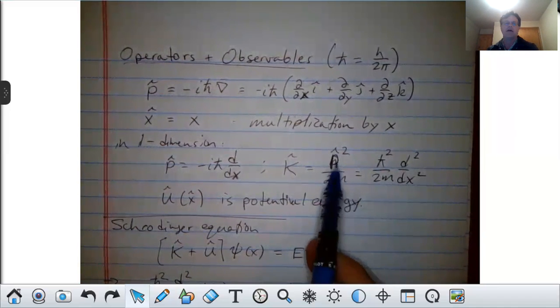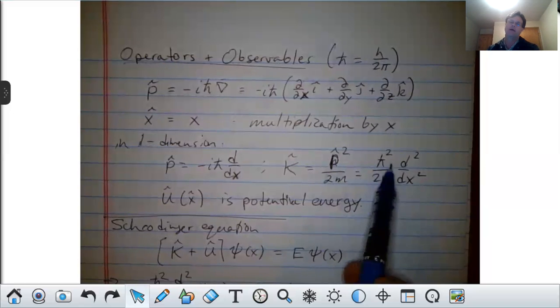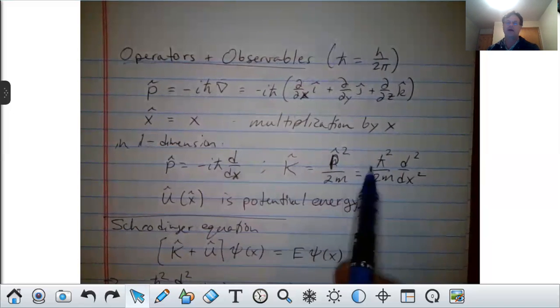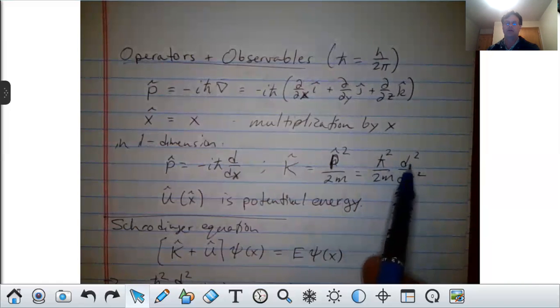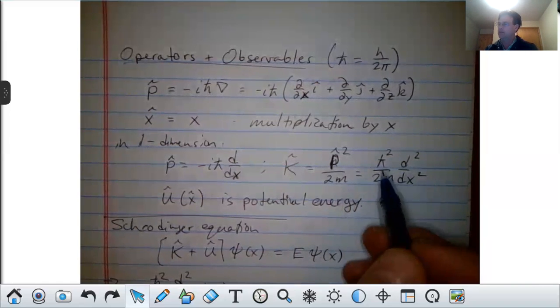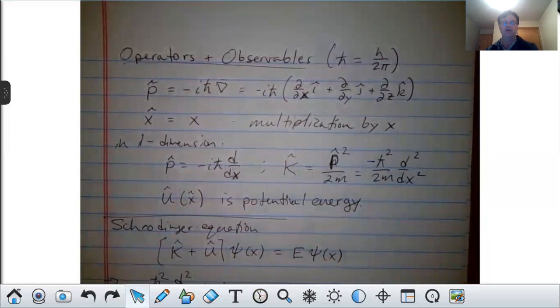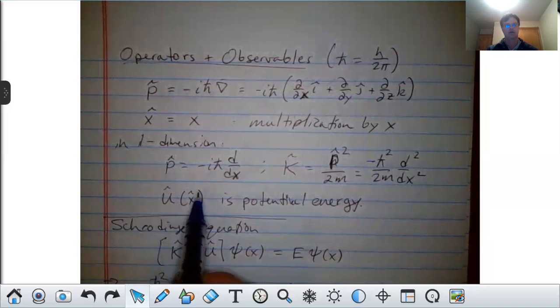And I can then write down a kinetic energy operator too. p hat squared over 2m. Plugging in this for p hat, I get h bar squared over 2m d squared dx squared. Actually, there should be a negative sign in front here. But we also have not just a kinetic energy operator, but a potential energy, which usually just depends on the position, right?